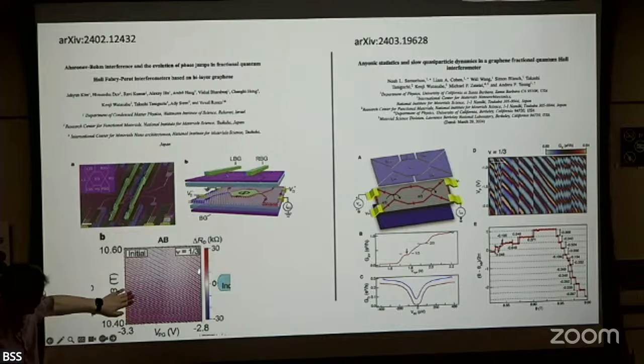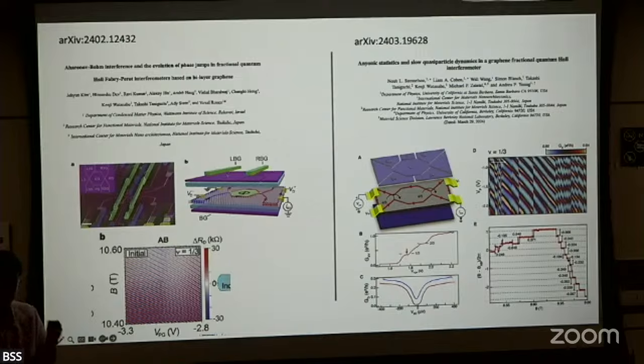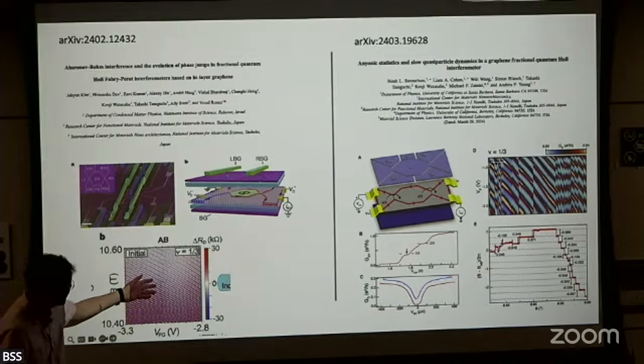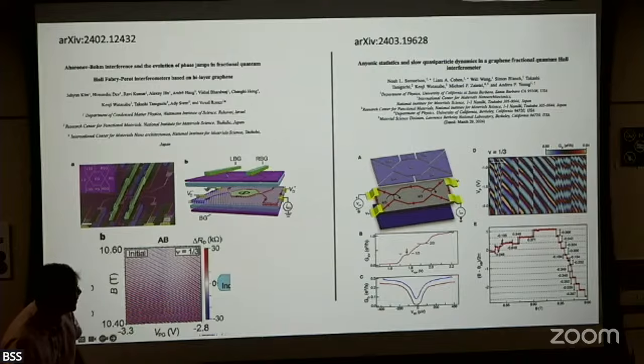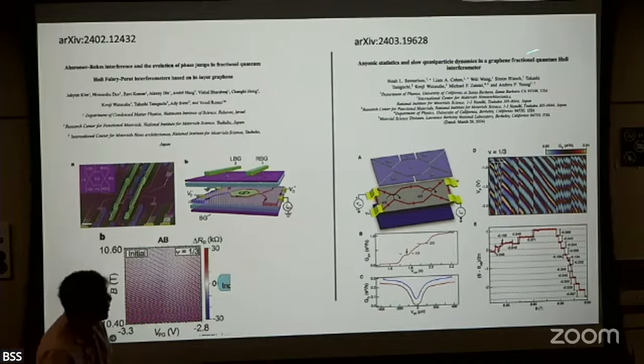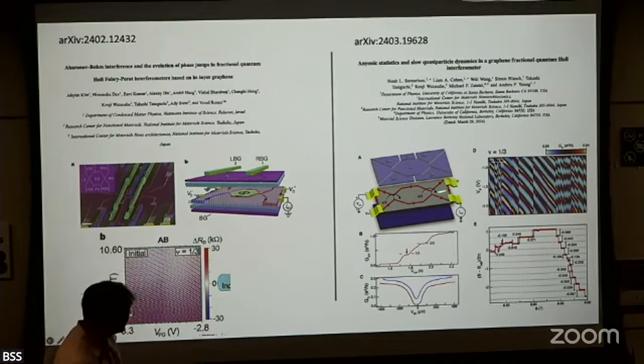And look at this, there are beautiful patterns in these Aharonov-Bohm phases, but they don't have any phase slips, and getting the anyon braiding phase out of this regular pattern is a little bit difficult. Now the other group is Andrea Young's group at Santa Barbara. They make the device with different structures, but nevertheless they work on the 1/3 and look at them, and they also have phase slips.